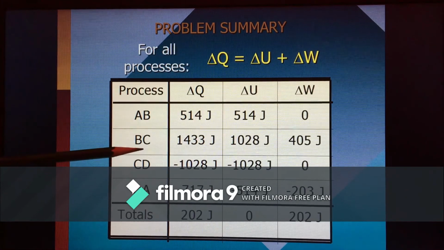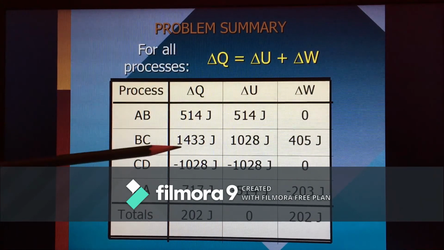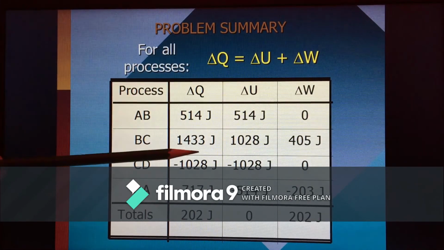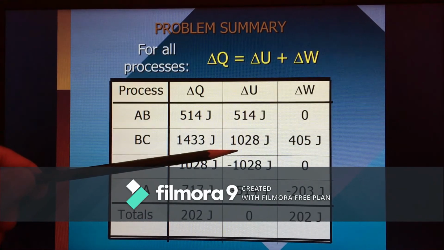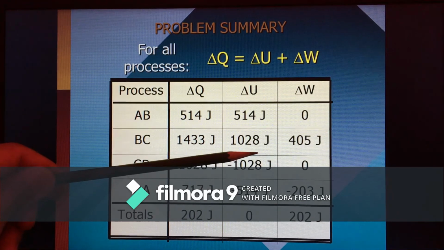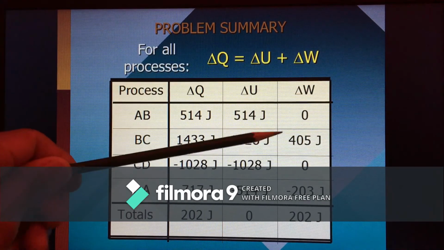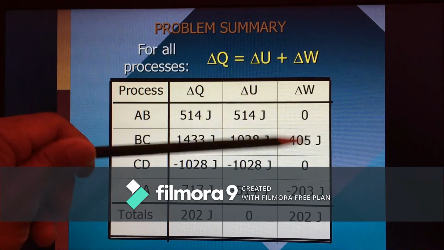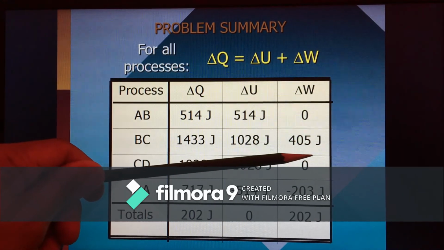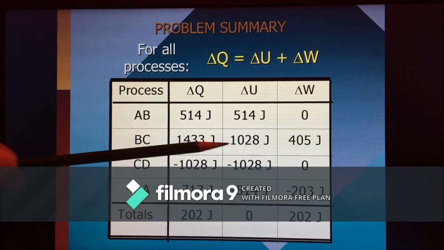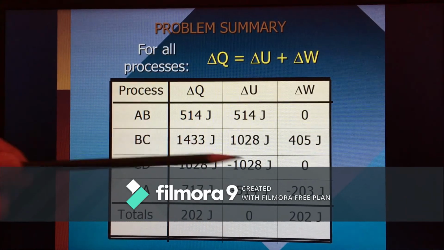Now for the process BC, we got delta Q equal to 1433 joules, and delta U was calculated as 1028 joules, and there's a work done of 405 joules positive. BC is the isobaric process, constant pressure.